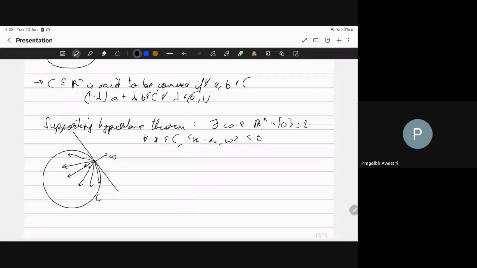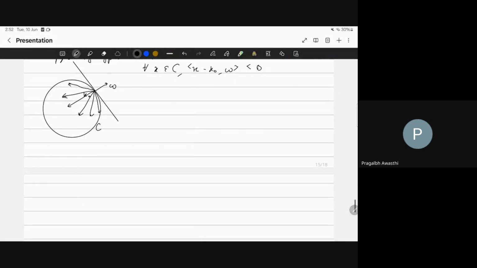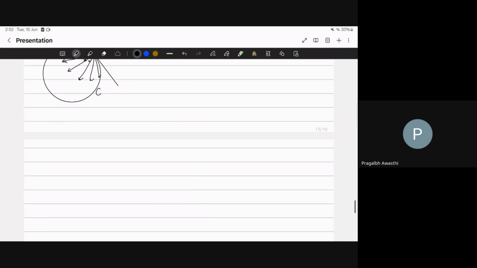And this immediately gives us a hint of an interesting thing, that all convex subsets of Cn are domains of holomorphy.